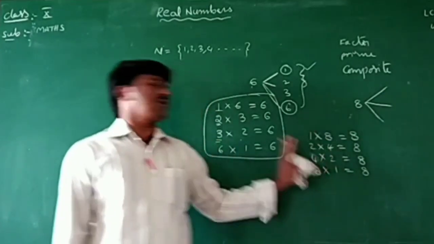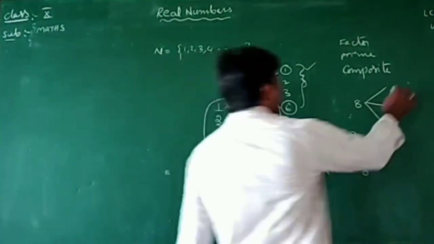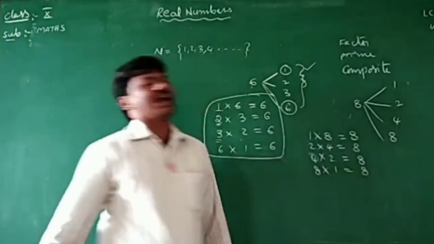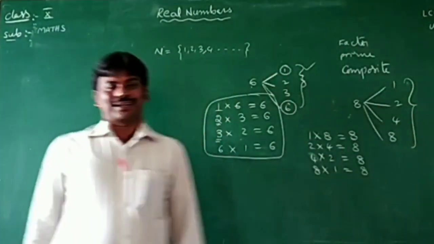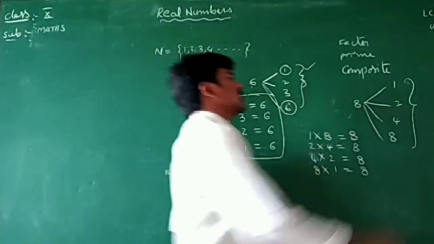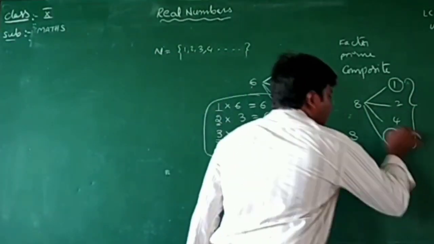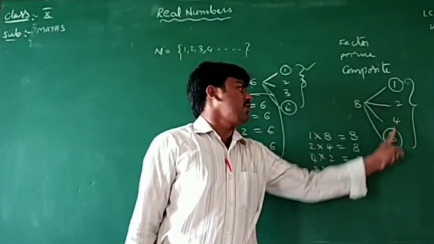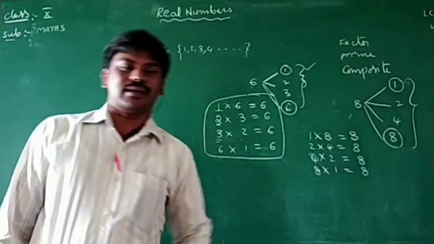No other factors except 1, 2, 4, 8. So 1, 2, 4, 8 are called the factors of 8. Again observe: the least factor is 1 and the largest factor is 8, that is nothing but itself.